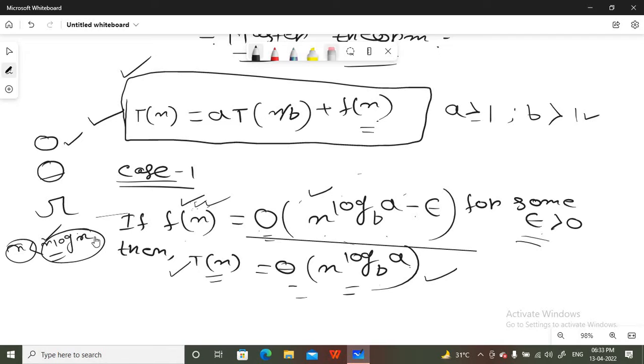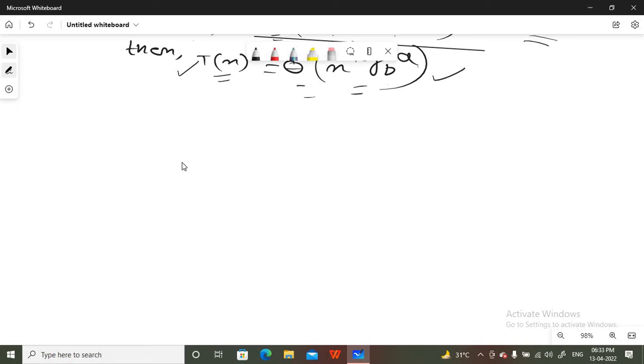We'll understand it with an example. So let's see with an example. Here is our example. Suppose this is given: T of n equals 9T of n divided by 3 plus n.